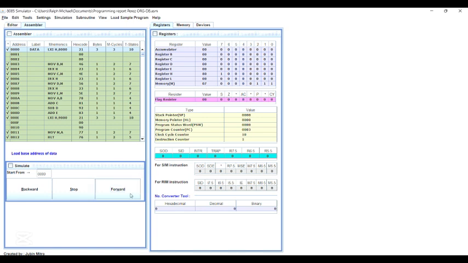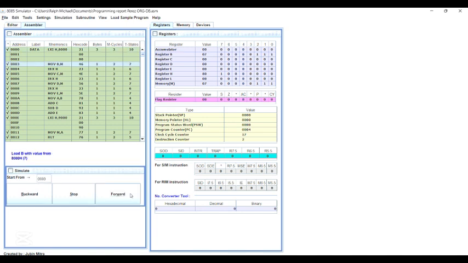Then next is move the value at HL into register B, where from memory it will go to register B. Then next is move to the next memory, increment, or HL plus 1. So from 8000H, it will become 8001H.